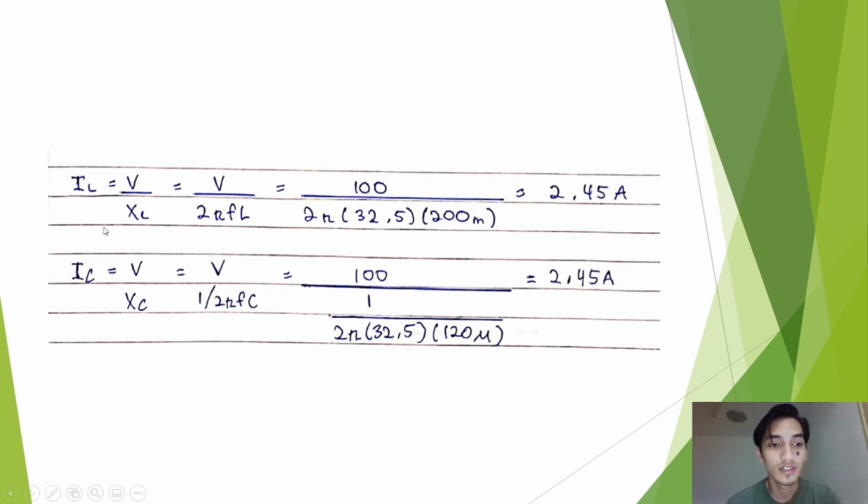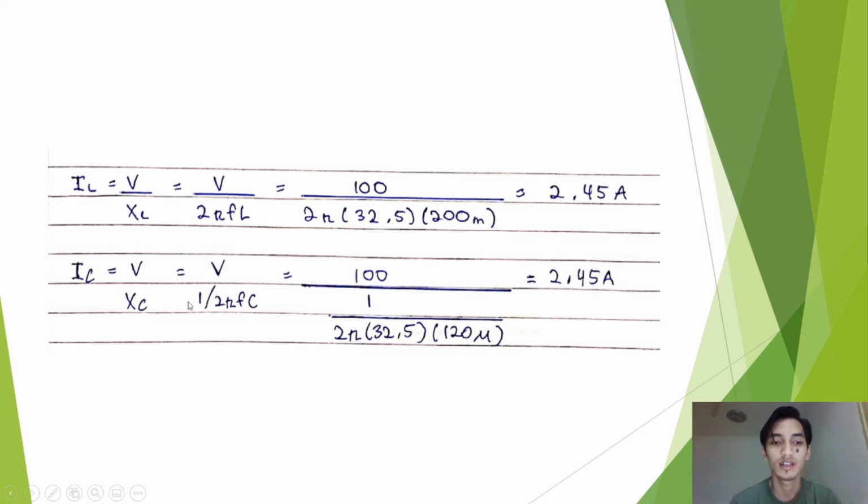It's the same for the capacitor, but it's different here because it's for the capacitor. Oh, I forgot to divide here. So V divided by XC, V over XC equals V over 1 over 2 pi FC.